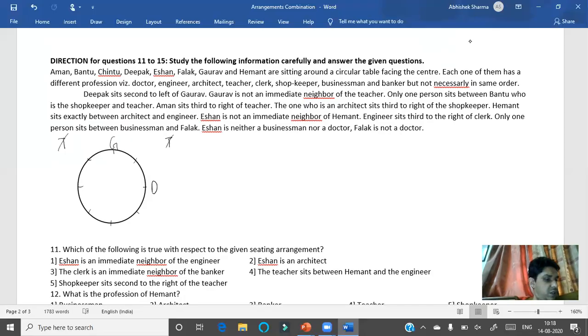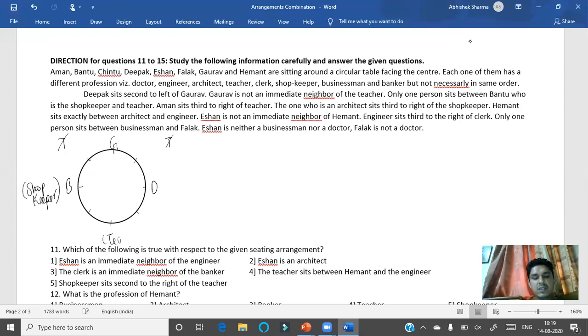So only one person sits between Bantu, who is a shopkeeper, and the teacher. So we can write Bantu's profession as shopkeeper, and the teacher must be here. And Aman sits third to the right of the teacher, which means Aman must be here.